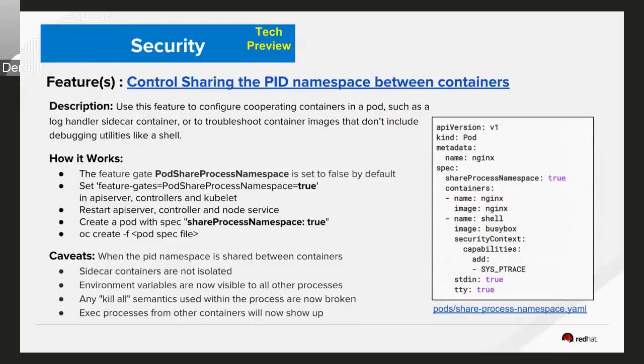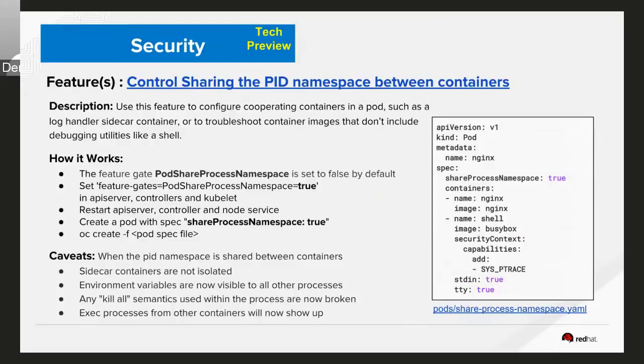On the security front as well, another tech preview feature that we want to call out is the ability for containers within a pod to share the PID namespace. So this is a feature that's been under work for a while in the upstream community, largely around improving the debuggability of containers.